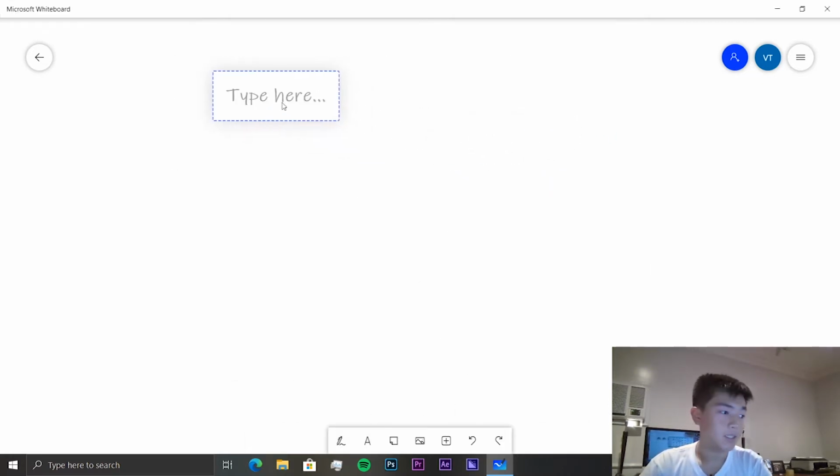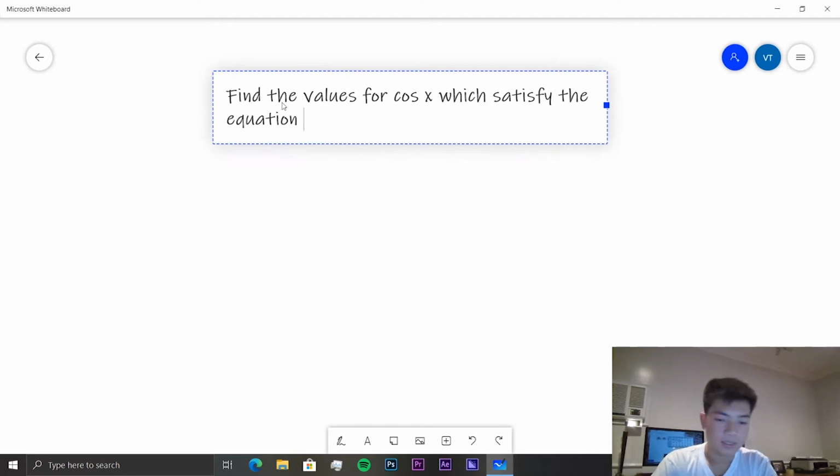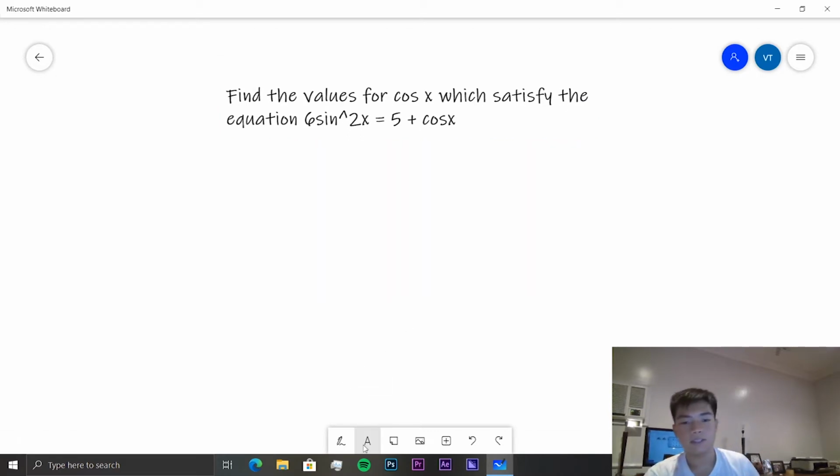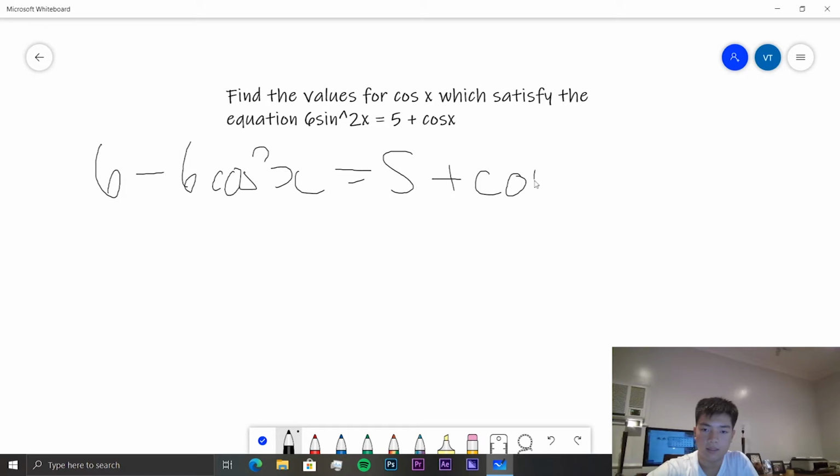So the next question is, find the values for cosine x which satisfy the equation 6 sine squared x equals 5 plus cosine x. So to do this, we need to rearrange this equation a bit. So we can get from this 6 minus 6 cosine squared x, since sine squared plus cosine squared equals 1, is equal to 5 plus cosine x.